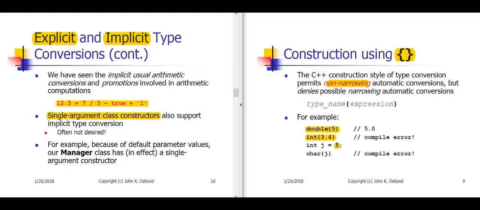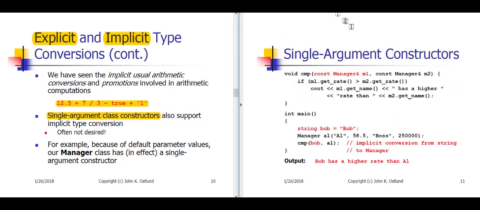For example, here on slide 11, we have a function named compare, CMP, and what CMP takes is two arguments, each of which is a reference to a manager const.